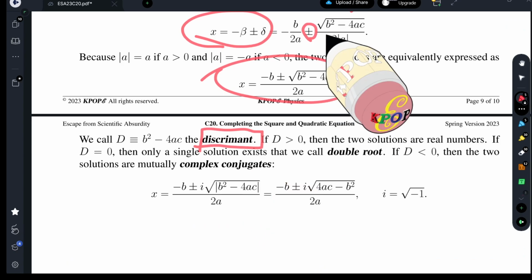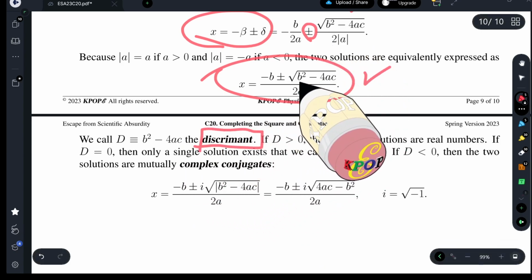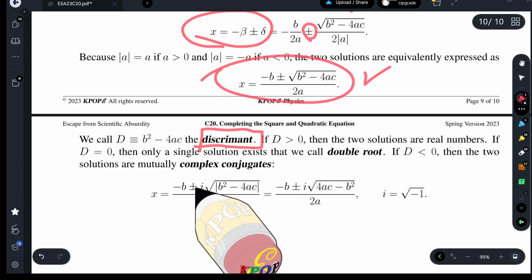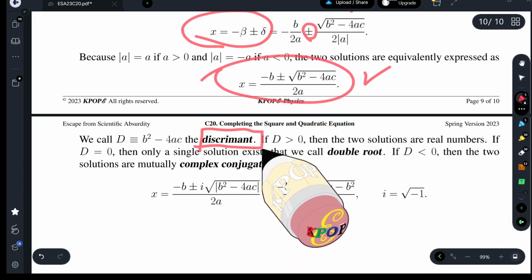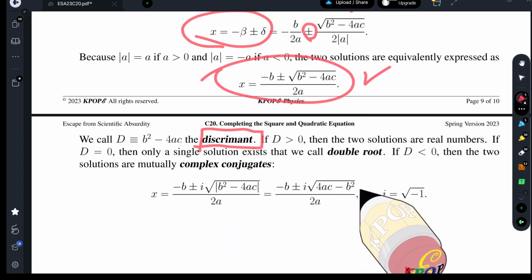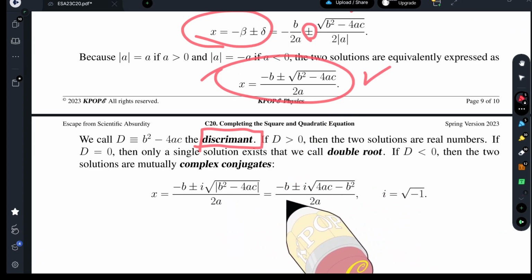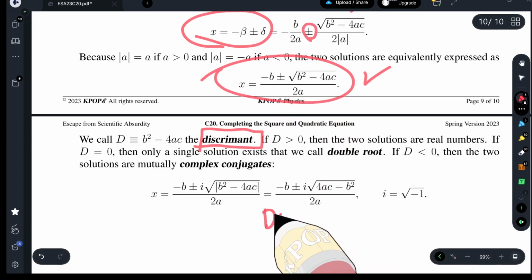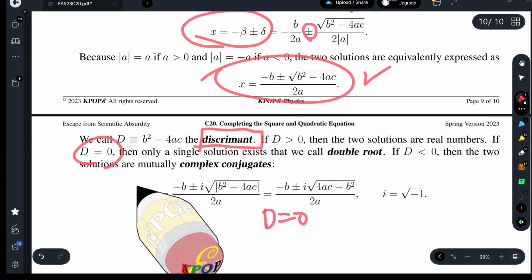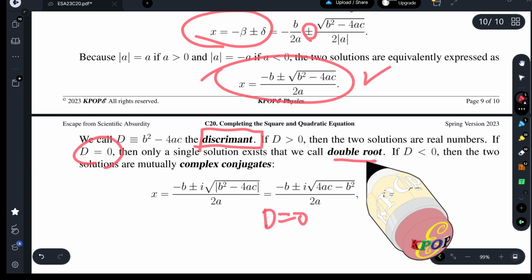So we can choose the representation of this or this. Actually, they are identical to each other. The convenient choice for the negative discriminant is this one. And if the discriminant equals 0, then there is only a single solution. We call it a double root. That's it for today. Thank you.